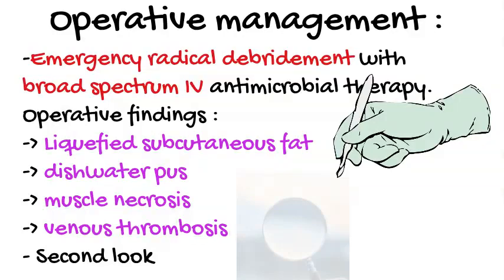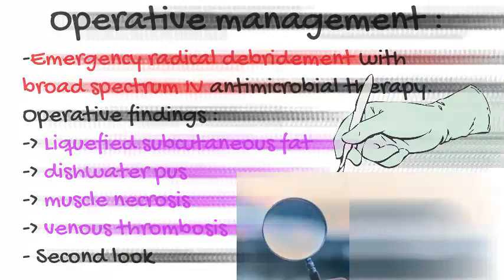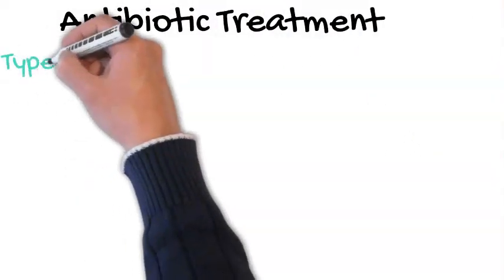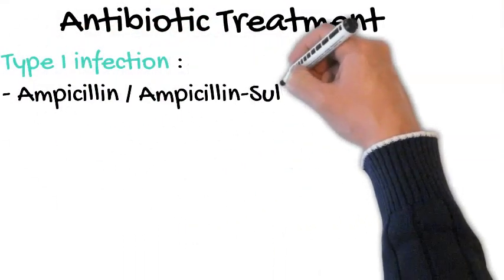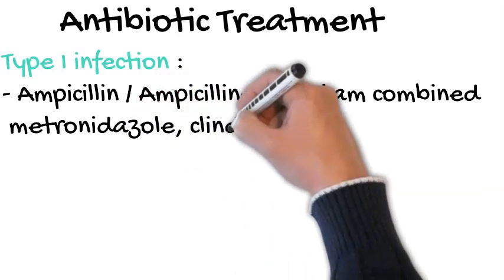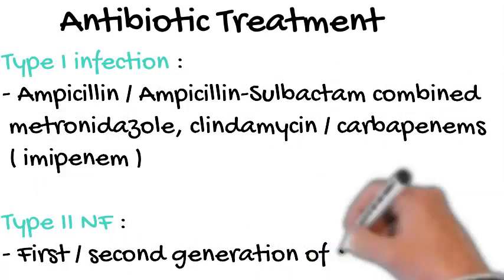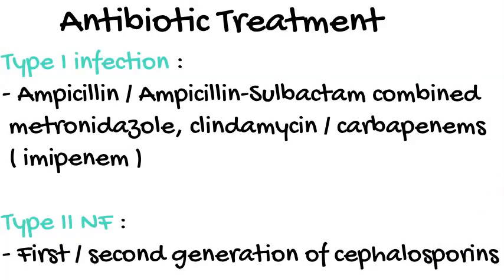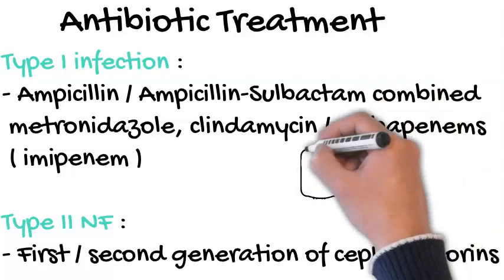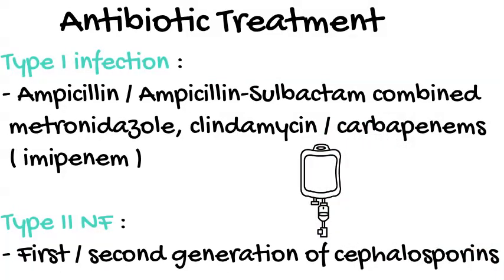For antibiotic treatment in necrotizing fasciitis, empirical usage of antibiotics is based on the microbiological classification of necrotizing fasciitis. For type 1 infection, ampicillin or ampicillin and sulbactam combined with metronidazole, clindamycin, or carbapenems or imipenems are used.